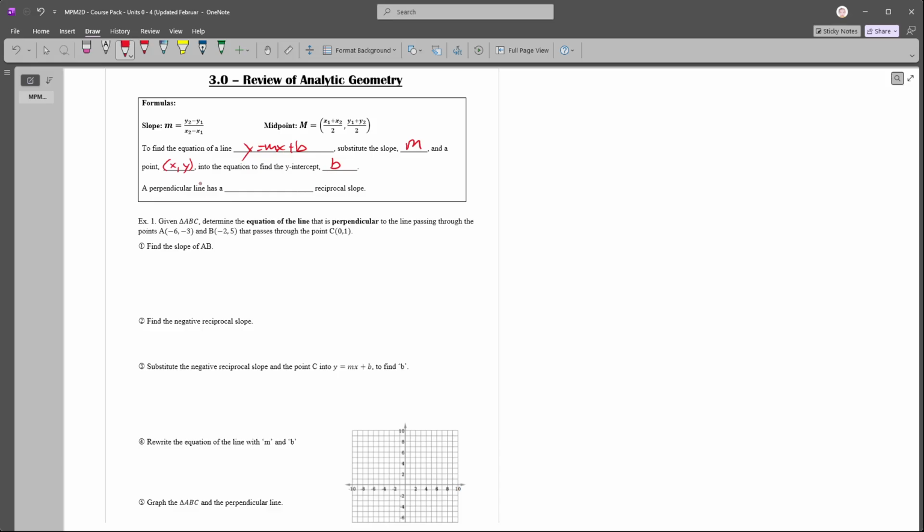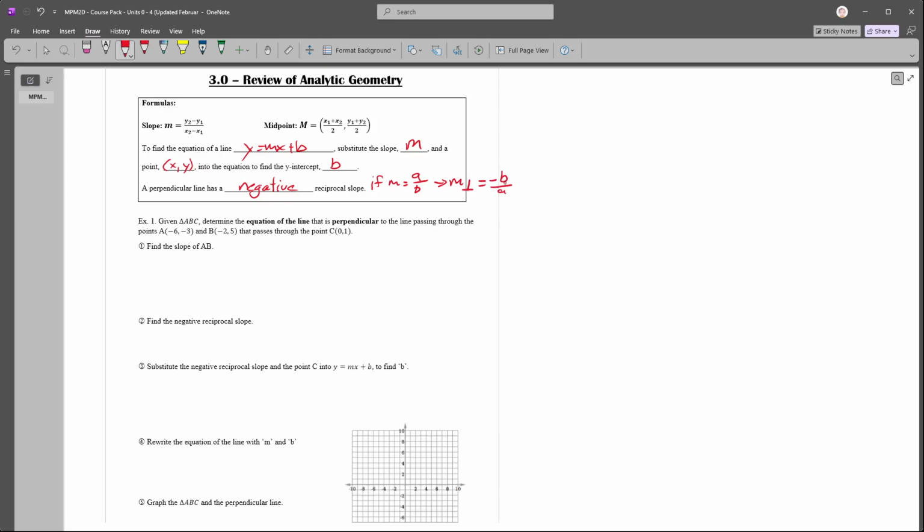A perpendicular line, we know that this has a negative reciprocal slope to the original line. What does that mean? Well, if m is equal to a over b, rise over run, then m perpendicular is equal to negative b over a.